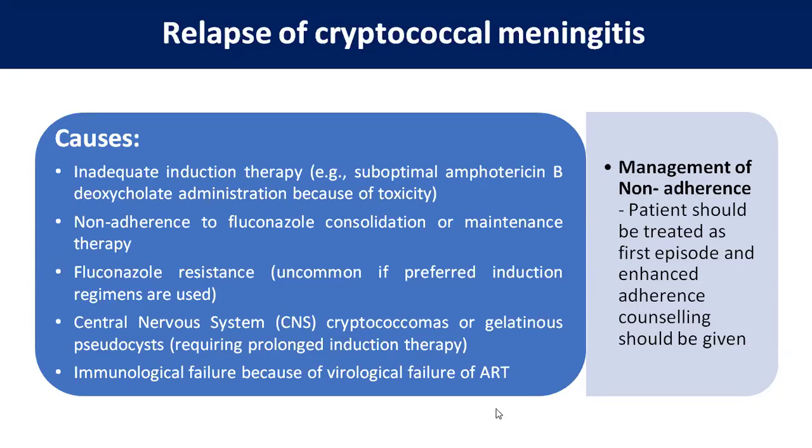The central nervous system cryptococcomas or gelatinous pseudocysts require prolonged induction therapy. Then there is immunological failure because of virological failure of ART. So with ART failure, the regimen the patient is on is not yielding good results, in the form of viral load more than 1,000 copies and CD4 count less than 100, which itself is one of the causes for relapse of cryptococcal meningitis.